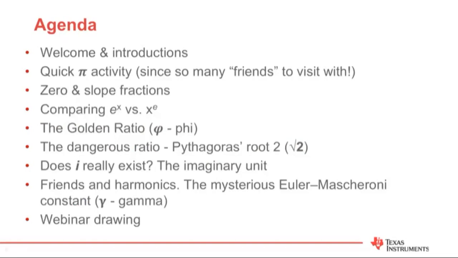We will continue with Pythagoras' square root of 2, moving from there to the imaginary unit i, and our last activity will be related to harmonic series and the Euler's constant gamma. At the end of the webinar, we will have a drawing for a summer workshop registration.